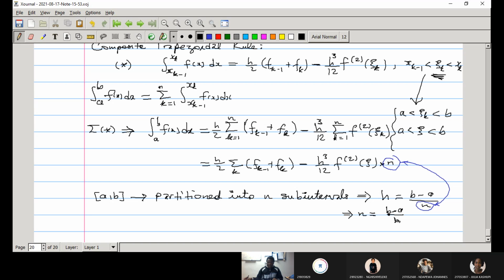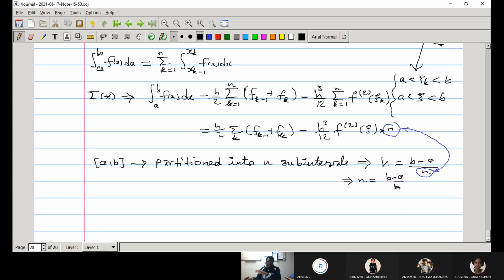So now if we substitute this expression of n into the above, thus we obtain that the integral from a to b f(x) dx is equal to this trapezoidal rule. I can just replace it here.